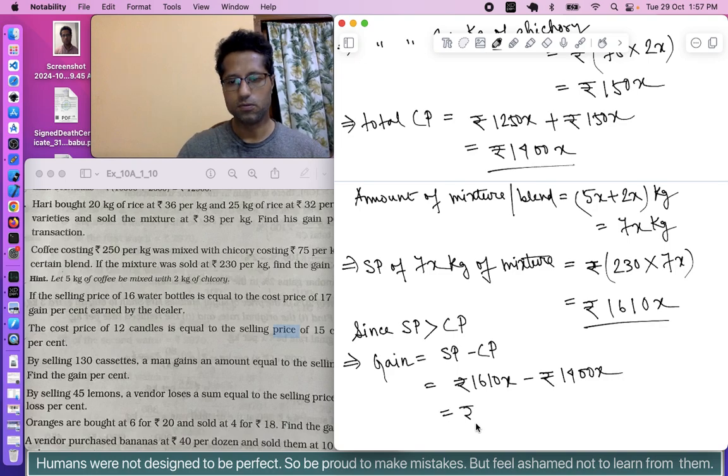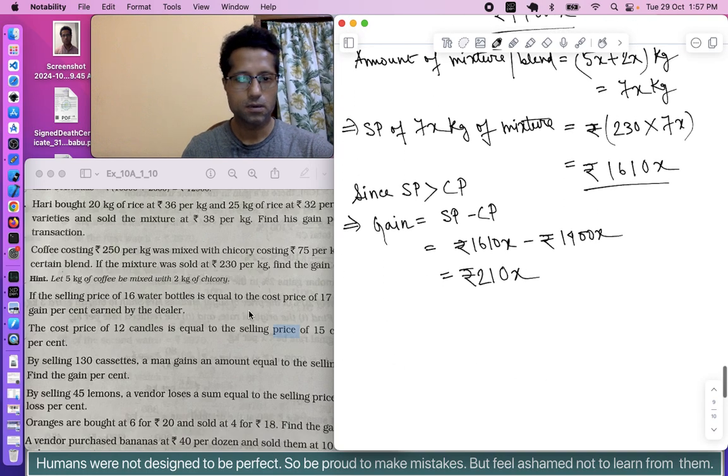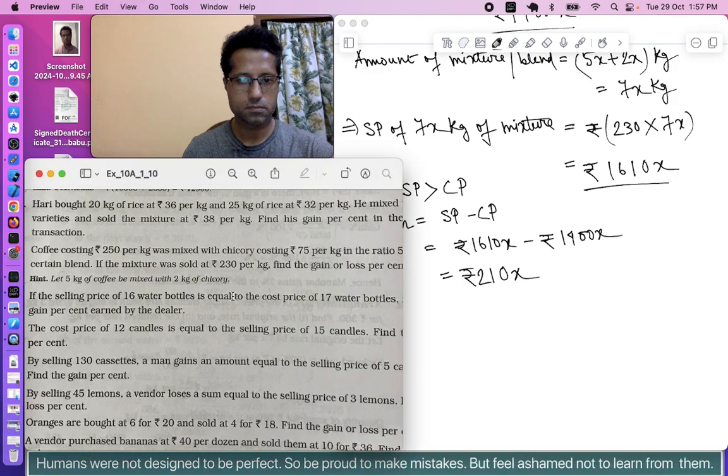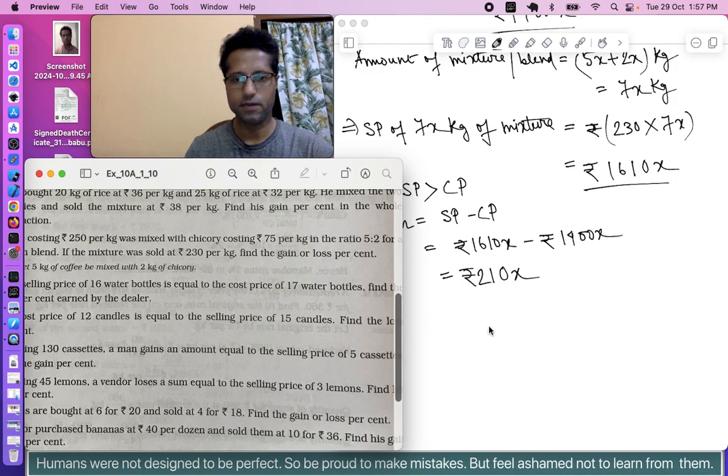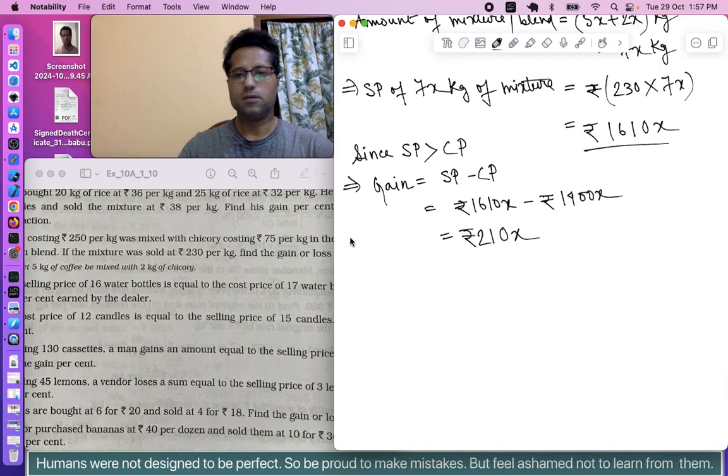This is equal to rupees 210x, which is the gain. It has asked to find the gain or loss percent, so definitely there is a gain.